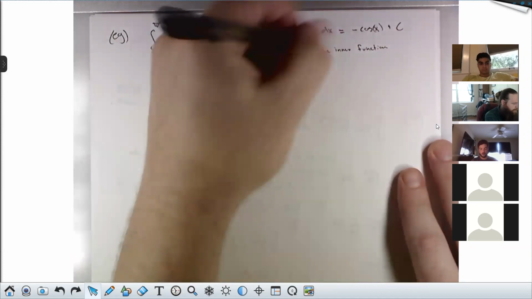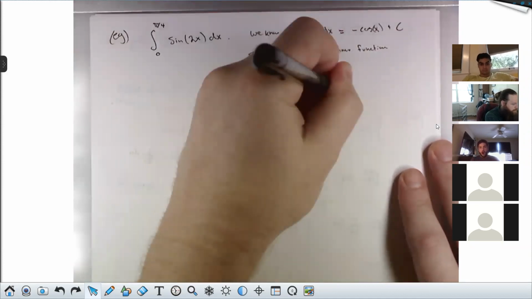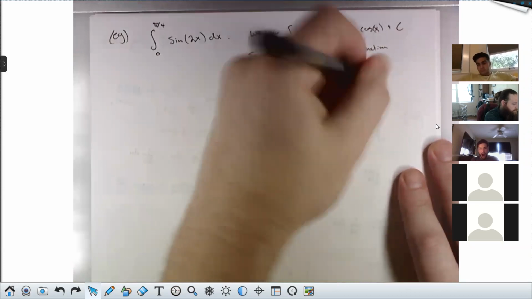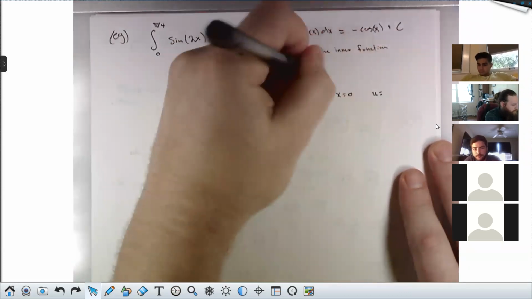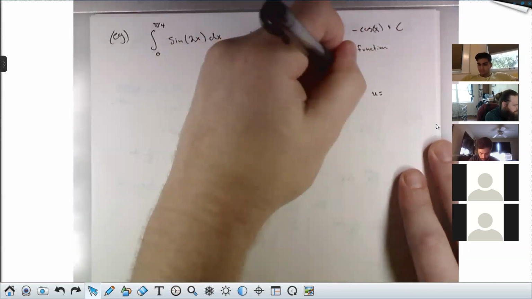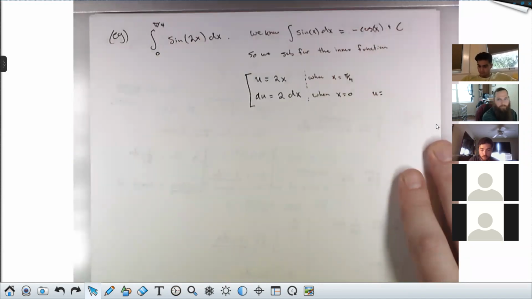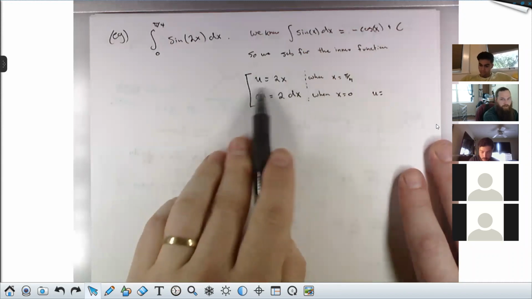You got to change your bounds. So when x is equal to 0, what is u? And when x is equal to pi over 4, what is u? How do you find this? Well, you plug the old bounds in here.